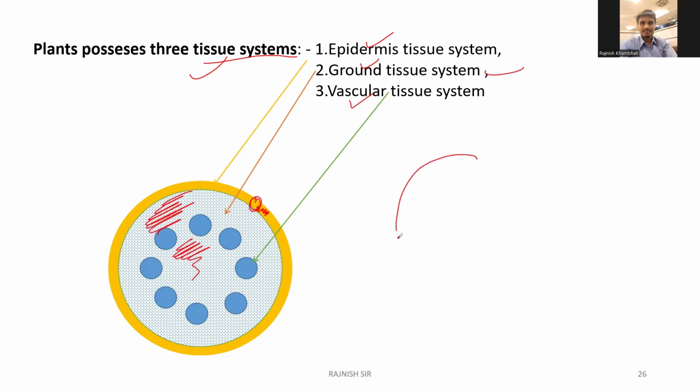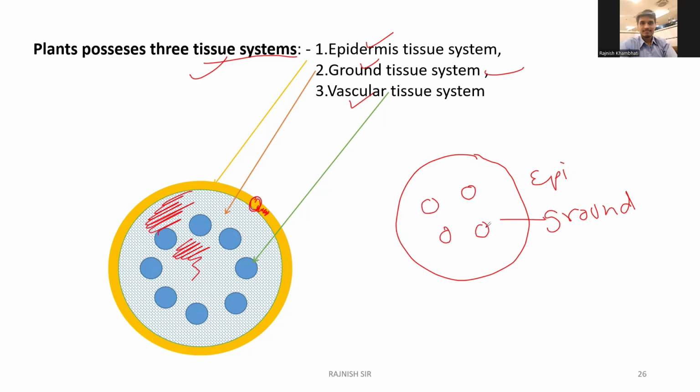Like if I just draw, this I'm drawing is epidermis. Inside this epidermis, the whole portion is known as ground tissue. And in between, xylem and phloem are present. These circles are xylem and phloem. I'm just writing X over here to show. So this is xylem and phloem, which is known as the vascular bundle.